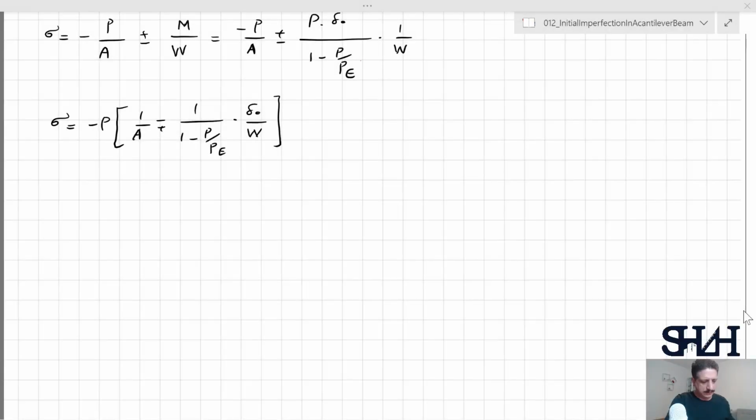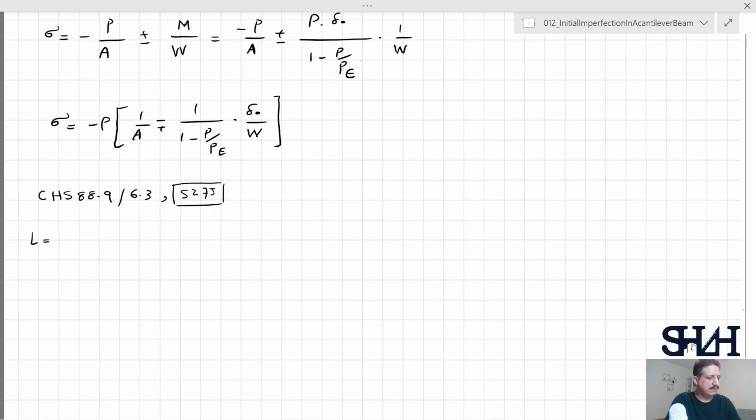Now it would be easier if we go through a numerical solution for this example. Suppose that we are going to have circular hollow sections 88.9 by 6.3, and S275, meaning that the yield stress is 275 megapascal.